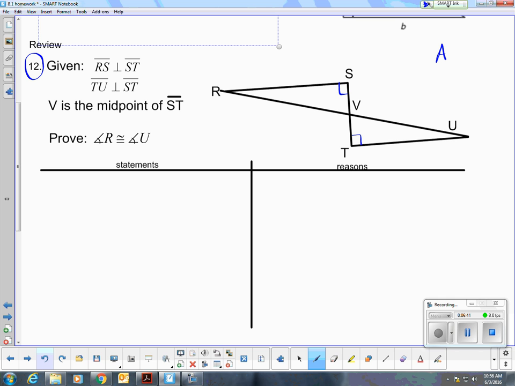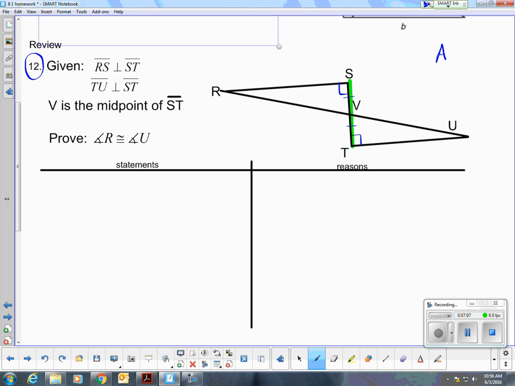B is the midpoint of segment ST. All right, let's highlight segment ST. So here's the segment in reference, and B is the midpoint of that segment. So what that means is that these two lengths, SB and BT, are congruent to each other since B is the midpoint.